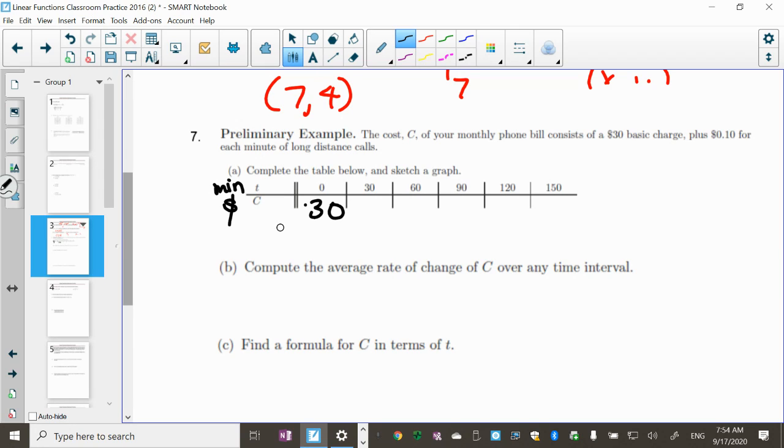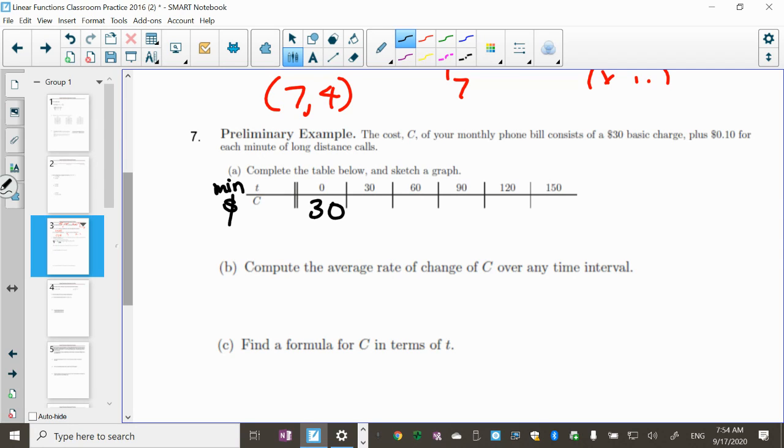Okay, so for 30 minutes, how much would I pay? Well, think about it. I have to pay $30, right? And then I have to pay what? 10 cents a minute, right? What's 30 times 10 cents? There's 30 times 0.1. What is it? $3, right?